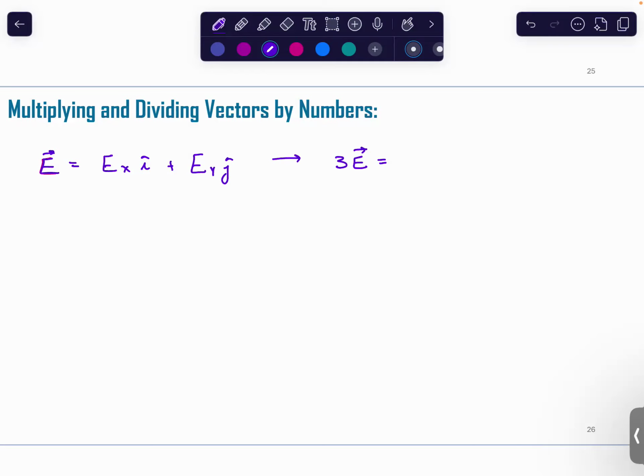If I told you that vector multiplication is distributive, what are you going to do? Yes, Liam, it does mean I'm going to distribute. What does that mean? So that's going to be 3 times the x component plus 3 times the y component, j hat. So again, you're going to take that number that the vector is multiplied by and just bring it in and multiply each component.